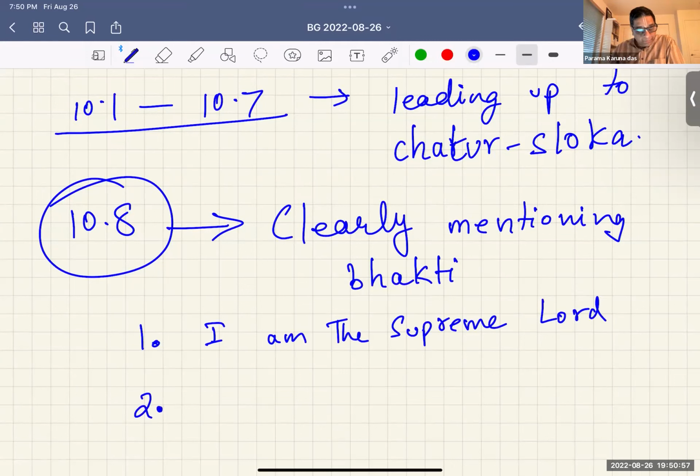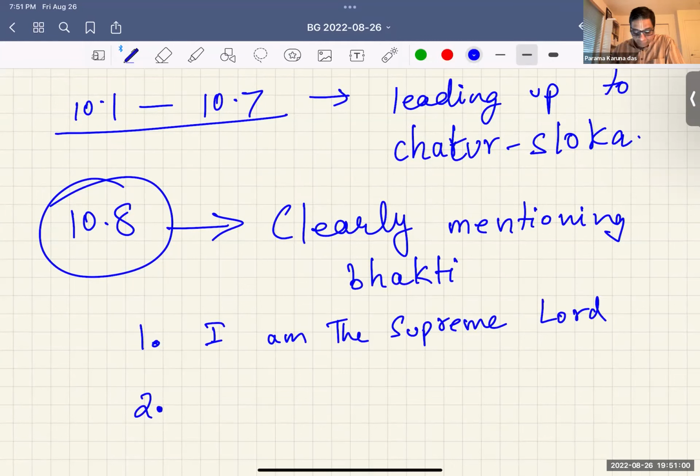And number 2, what he is saying is that my pure devotees, in this consciousness, this means that I am the Supreme Lord, in this consciousness, do my bhajan with a very, very loving heart.